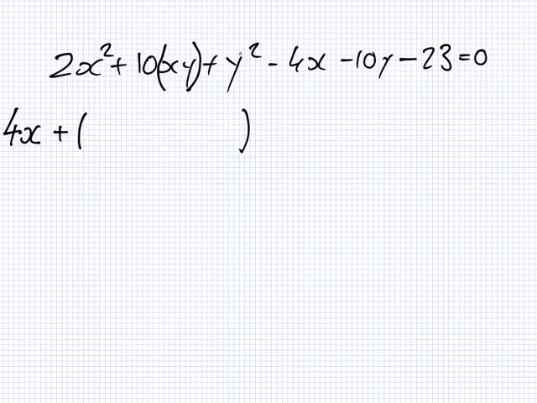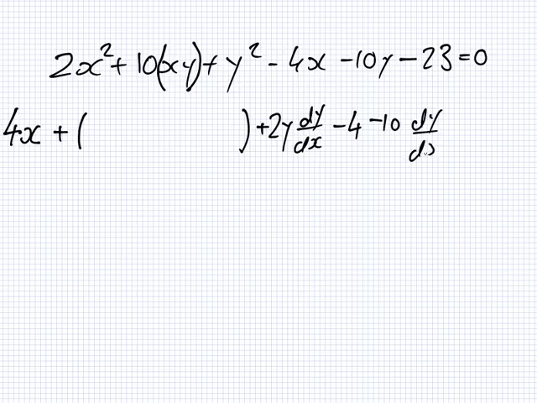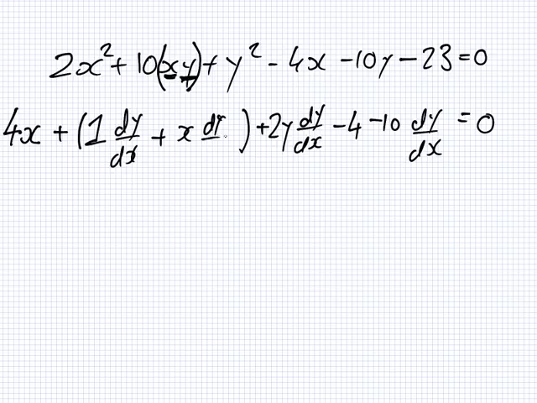What's the derivative of y squared? 2y dy/dx. And 4x? 4. And 10y? 10 dy/dx equals 0. Okay, product rule here. First derivative of x, which is 1, plus x and derivative of y, which is dy/dx.